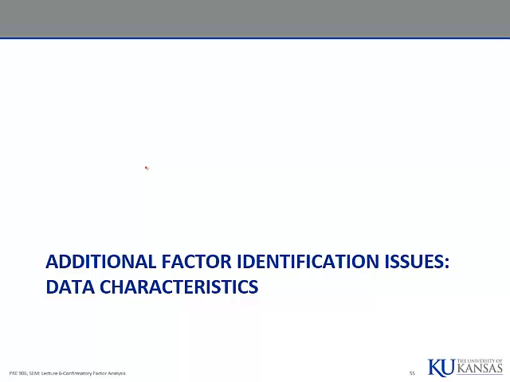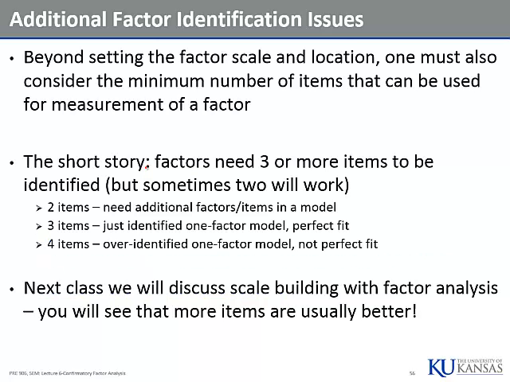Anyway. So moving on from that, we have one other thing we have to consider. In a path analysis where we have a latent variable, a factor, not only do we have to pick its mean and variance, or pick its identification, we also have to ensure we have a sufficient number of items to estimate. So a one-item model cannot be estimated because we have too many things that we don't know, right?